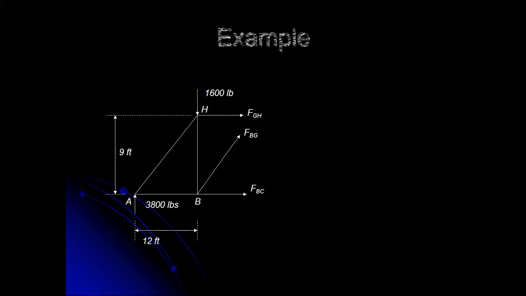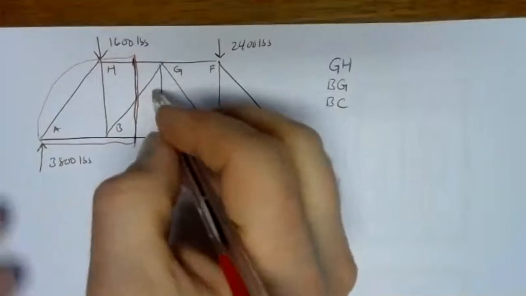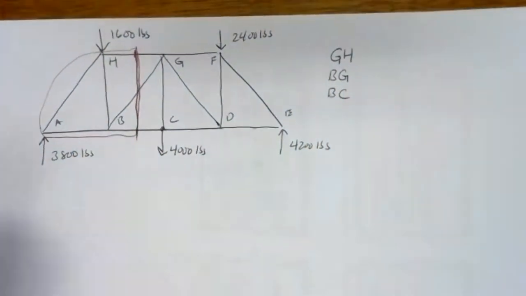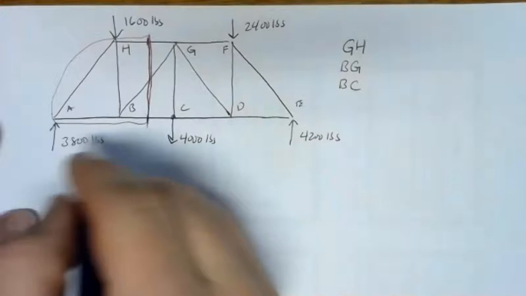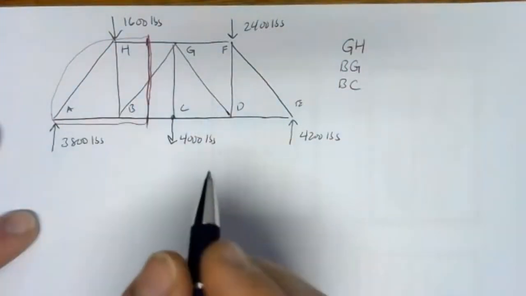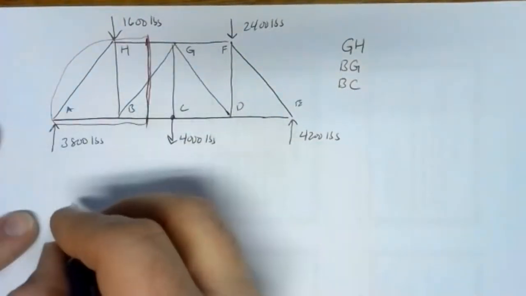By cutting through, I have exposed these forces, FGH, FBG, and FBC. So let's go back to the page here and see how that works. Let me redraw the free body diagram of what's inside the system boundary.